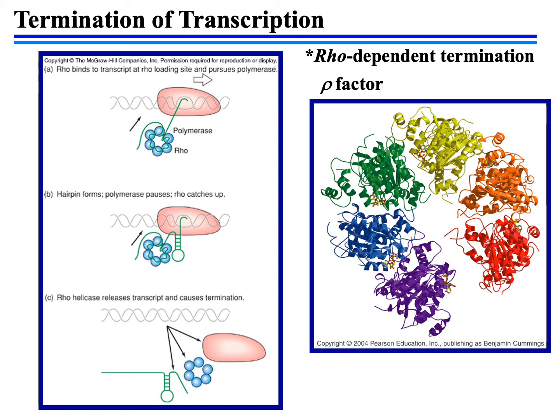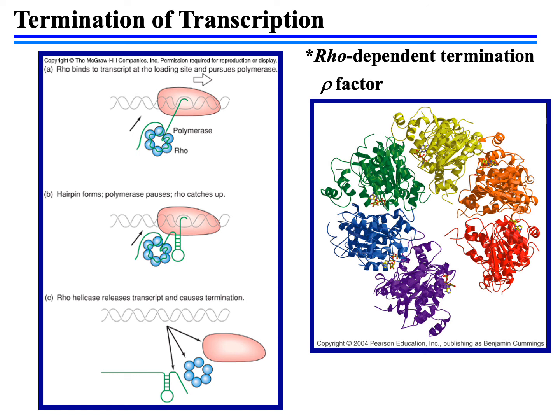One component of this rho factor is an ATPase, and just to recap, ATPases are enzymes that cleave ATP, releasing the energy associated with ATP to perform some activity. And there is also an RNA-DNA helicase, which is a helicase that specifically pulls apart RNA-DNA hybrids.